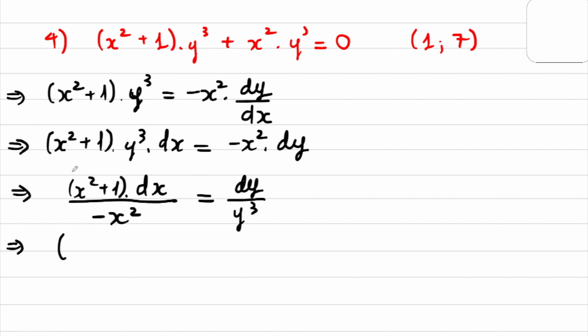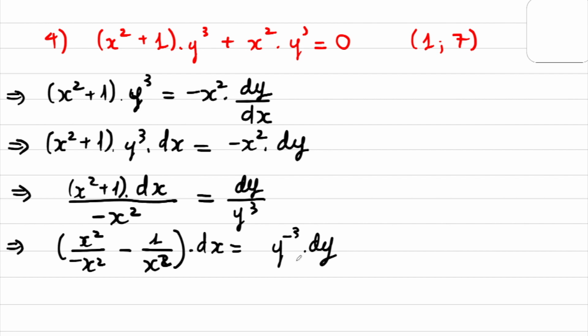Change position, change this one first. You get x squared divided by minus x squared, minus 1 divided by x squared, like this, and then multiply dx. The other side will be y to the power of minus 3, and then you get dy here. And I will add an integral sign for the x side of this equation.